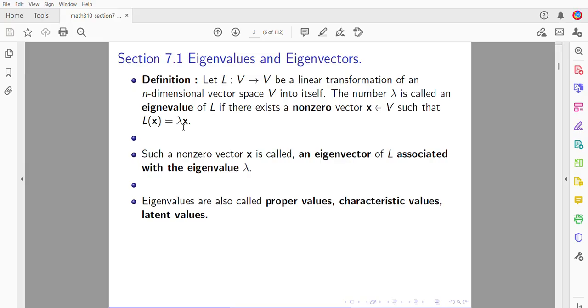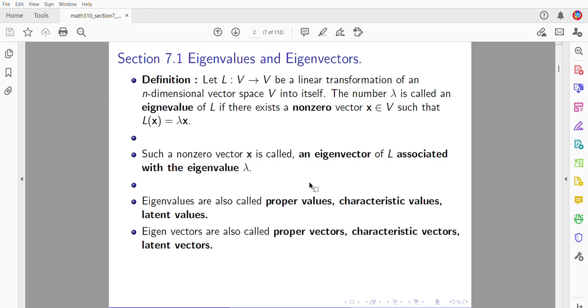an eigenvector must exist. Okay? Now, eigenvalues are also called proper values, characteristic values, latent values, depending on the author. Our author uses the term eigenvalue, but some authors call them proper values, characteristic values, latent values.